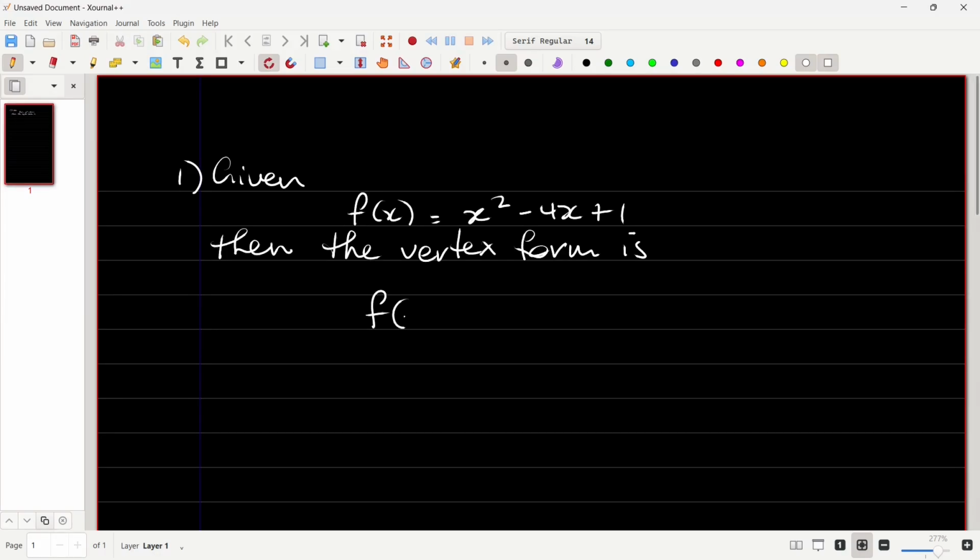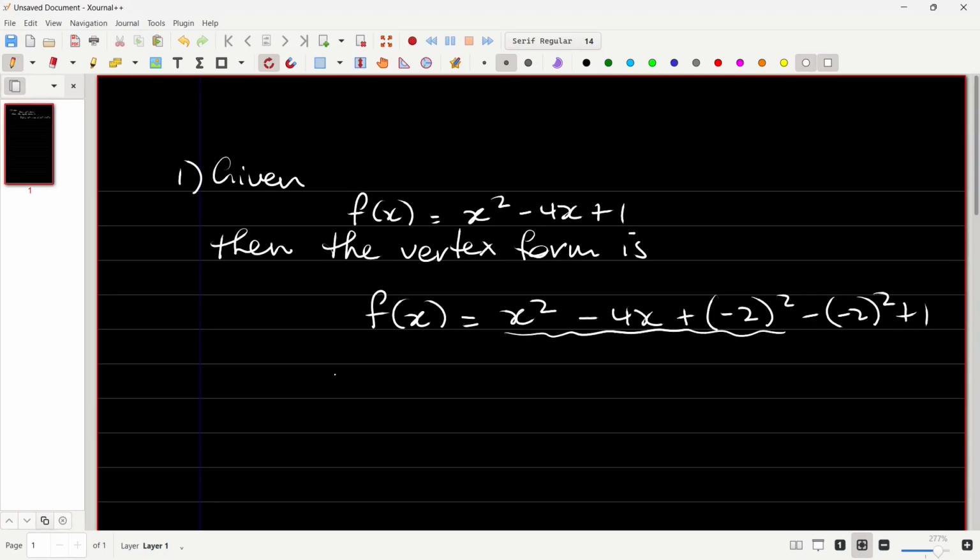So f of x is equal to x squared minus 4x plus half of that, negative 2 squared, minus negative 2 squared, and then plus 1. Simplify this with the perfect square, and we say f of x is equal to open bracket x minus 2 close bracket squared, and then we simplify this. So this is 4, minus 4 plus 1 would be minus 3. So this is minus 3.